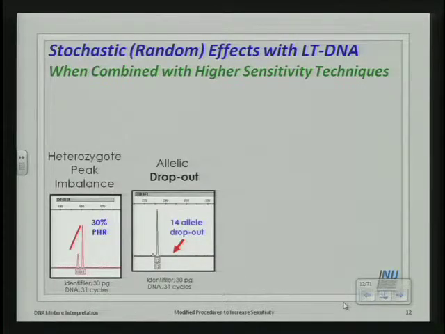This is an example, again, that Becky has generated in our lab, showing some of the issues when you have these stochastic or random effects with low template DNA. Your peak height imbalance can be very great. So here we have a 30% peak height ratio. This is Identifiler, 30 picograms and 31 cycles, so these are using higher sensitivity techniques and amplification using more cycles and additional Taq.